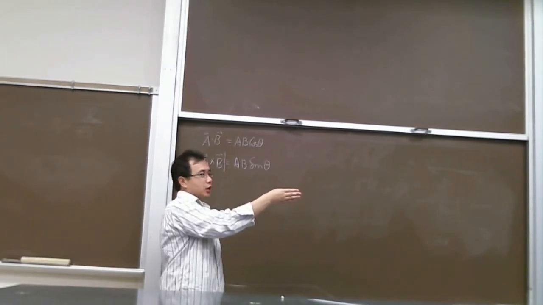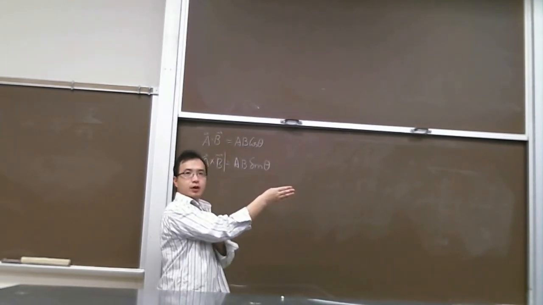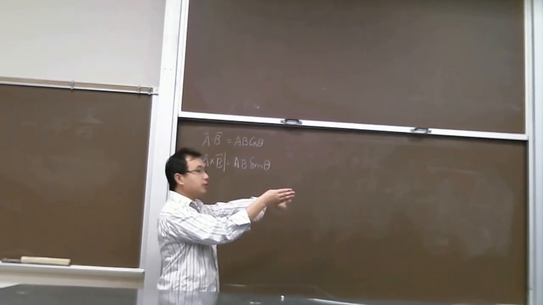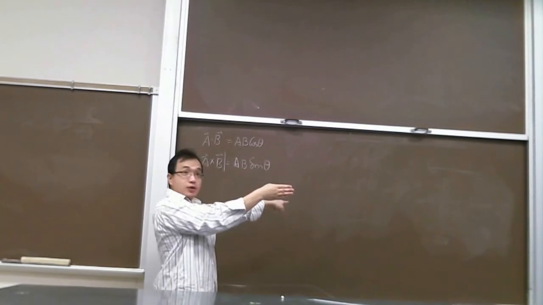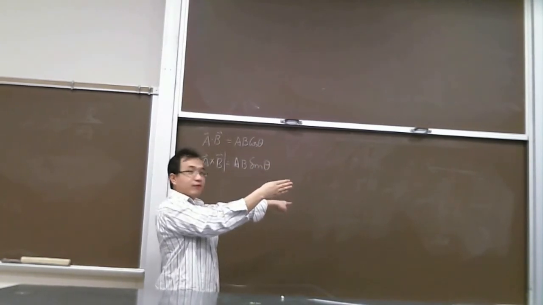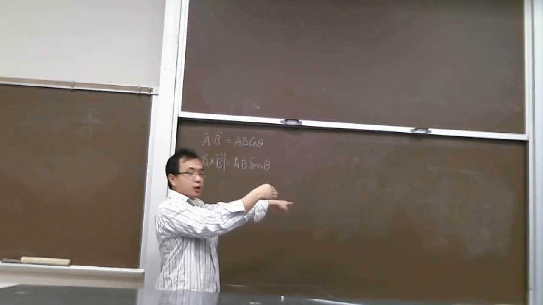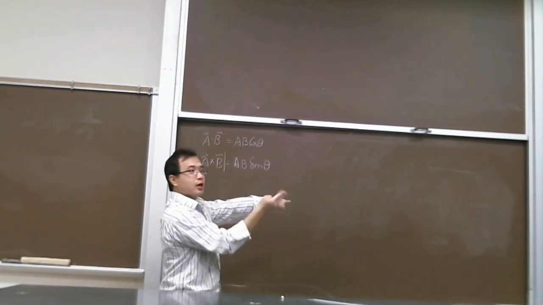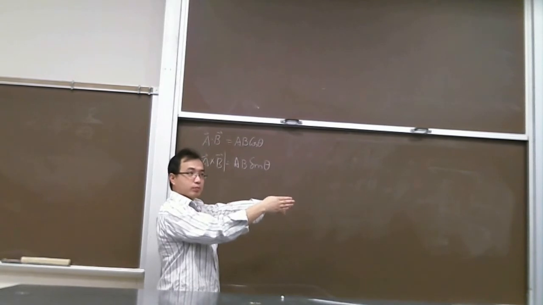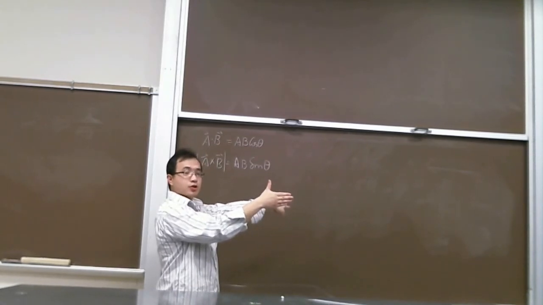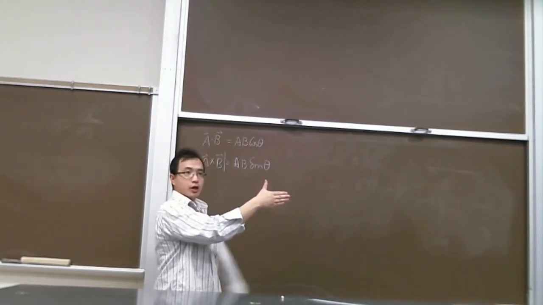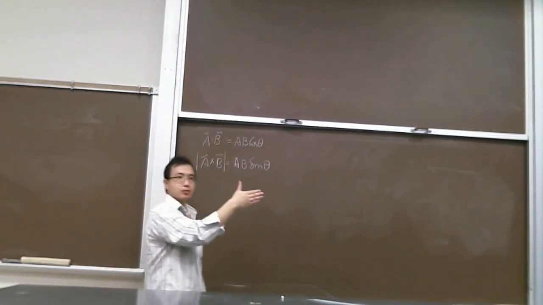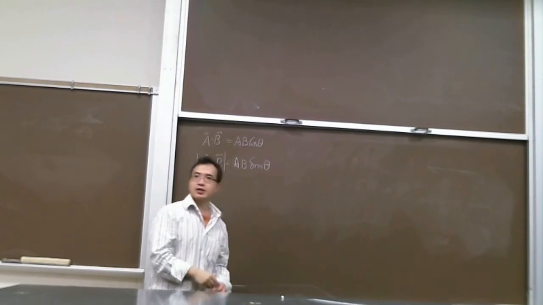You want to see in which way you can bring your fingers to the direction of B. If B is here, I have to put it this way so I can bring my fingers to B. If I put it the other ways, I cannot bring my fingers to B. And then this direction is the direction of A cross B. Again, it is the right-hand rule, similar to the i, j, k case.